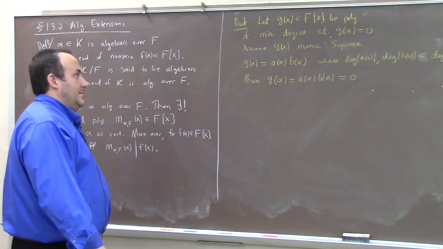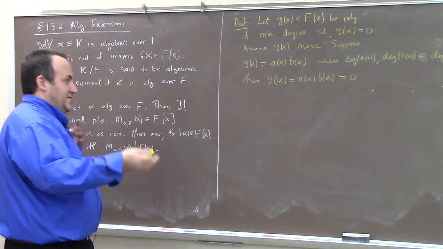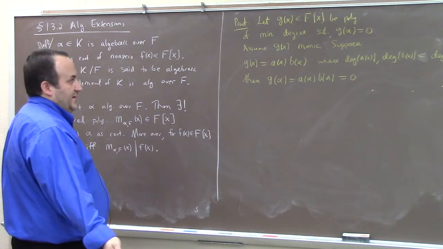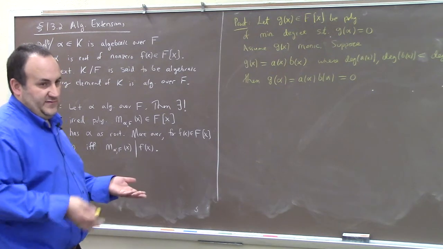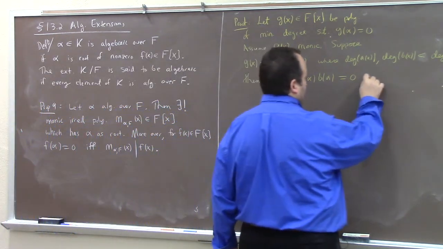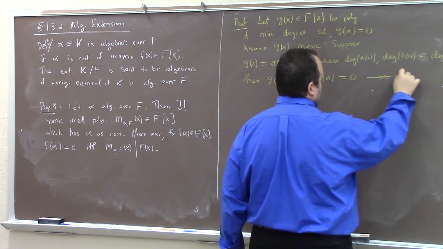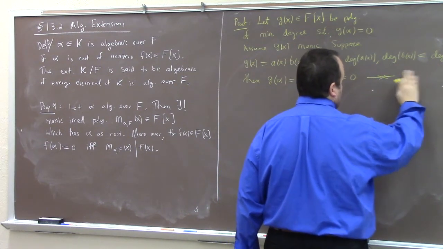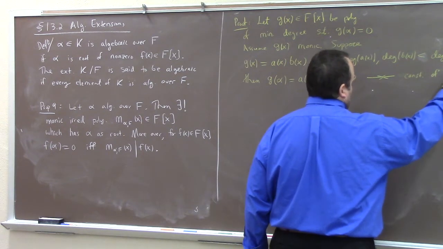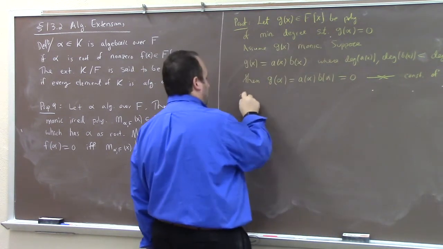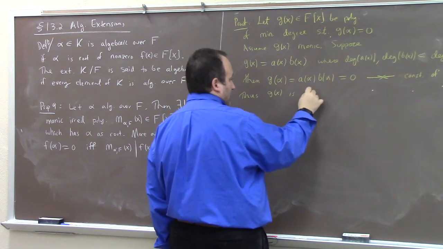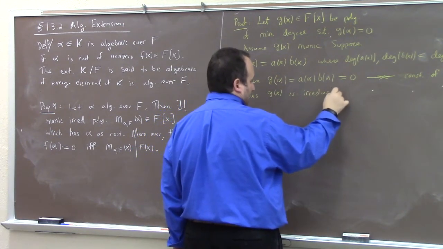Which would say there's a polynomial of lesser degree which takes alpha as a 0. But this contradicts the construction of g of x. Thus, g of x is irreducible.